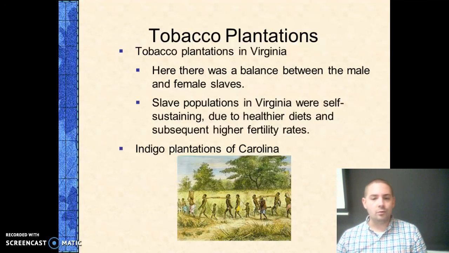Every 7 years you need to buy a new person. Additionally, you need to treat this person very well. There's a level of expectation that Europeans have, so they have to be treated well. And that's not necessarily consistent with sugar and tobacco production.